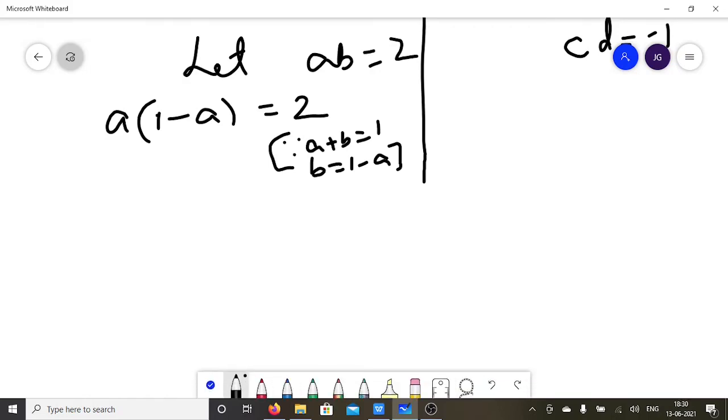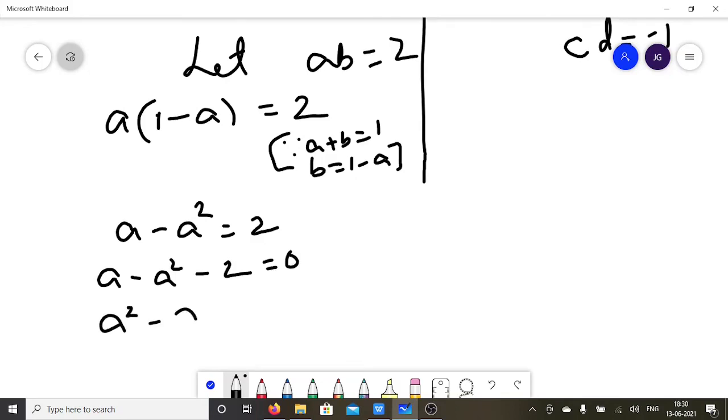So this is A minus A square is equal to 2, or A minus A square minus 2 equal to 0, or we could write A square minus A plus 2 equal to 0.